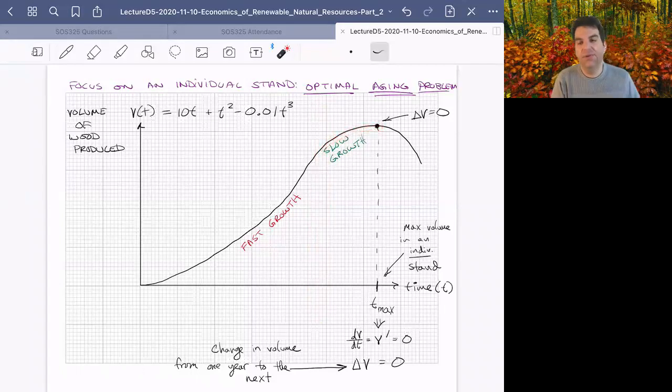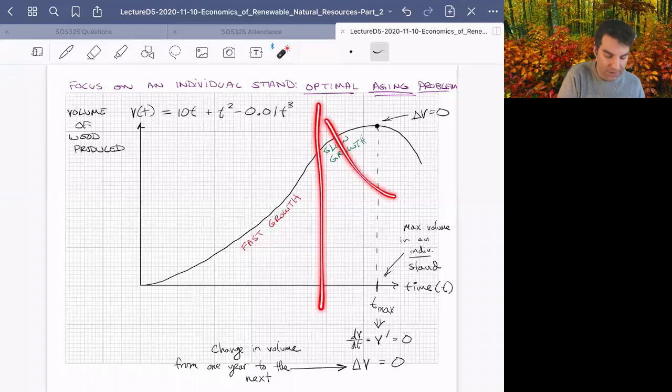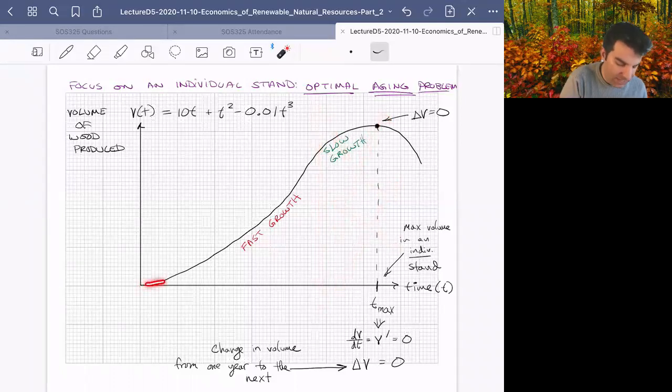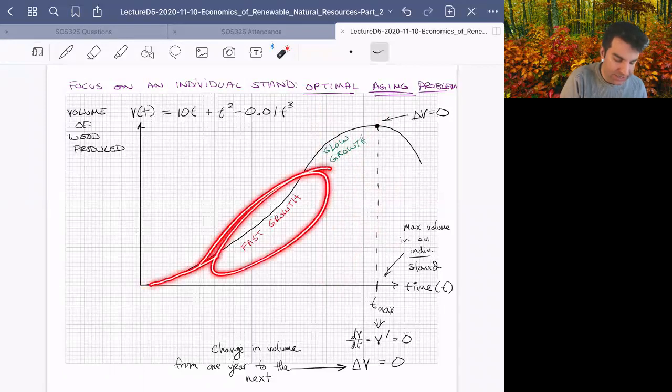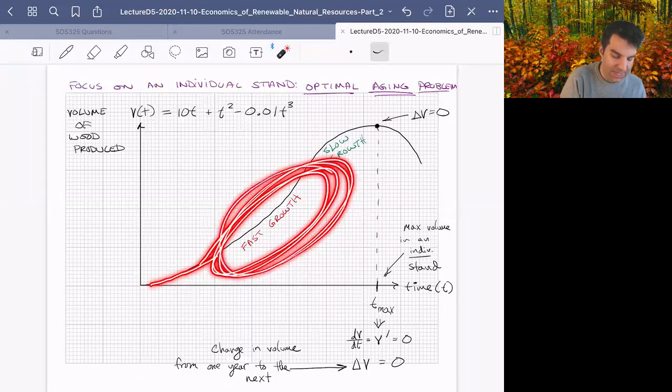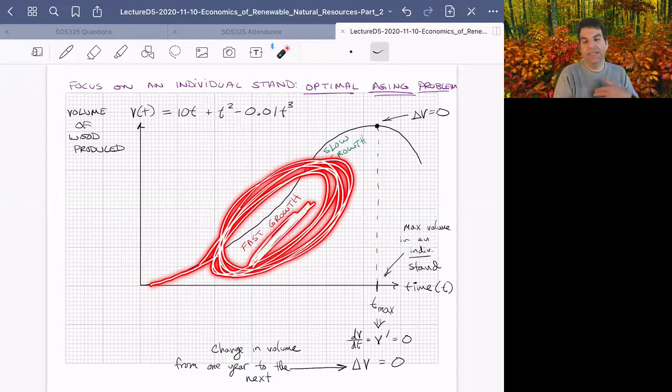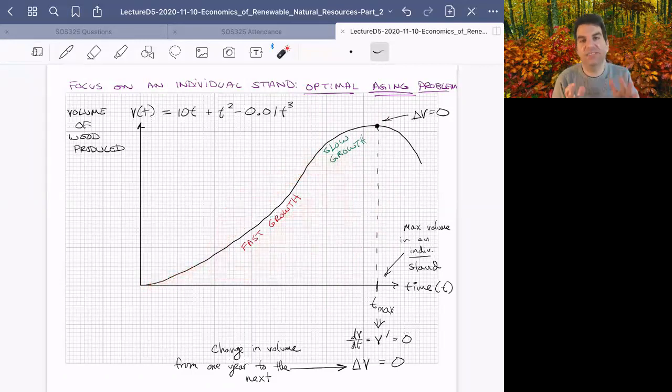What we're saying is, what if you cut them down here and then replant them over here? Then they initially grow at a slow rate, but then they get a large region of fast growth rate. And that's kind of what I want. I want to maximize the amount of time I spend with fast growth.